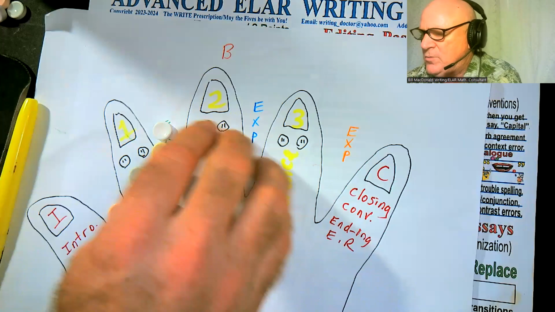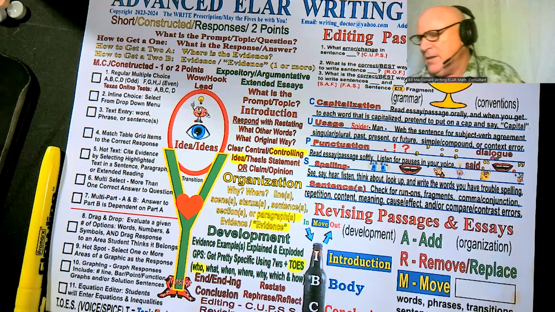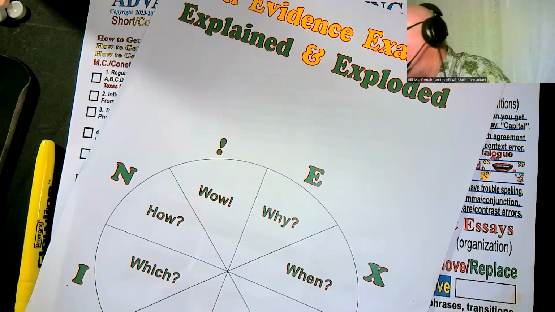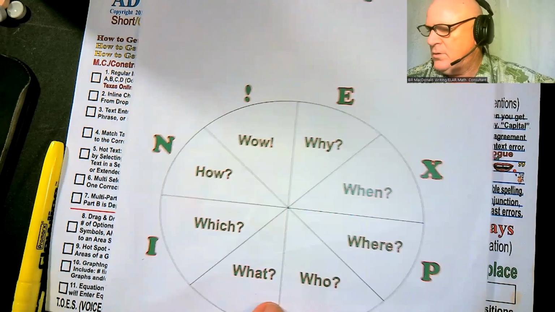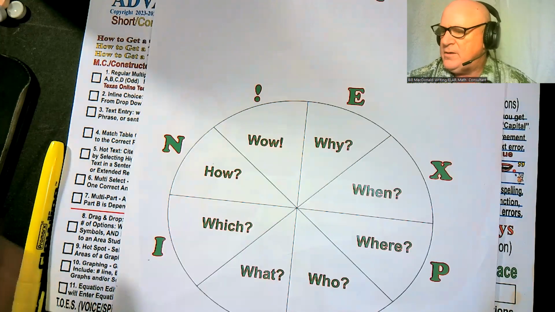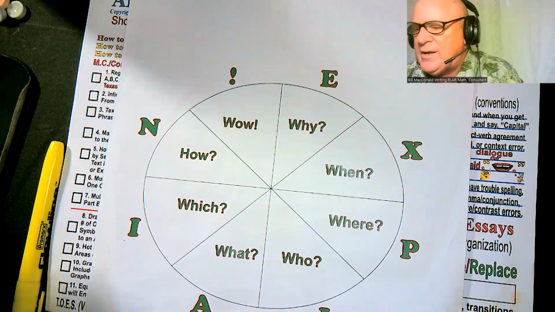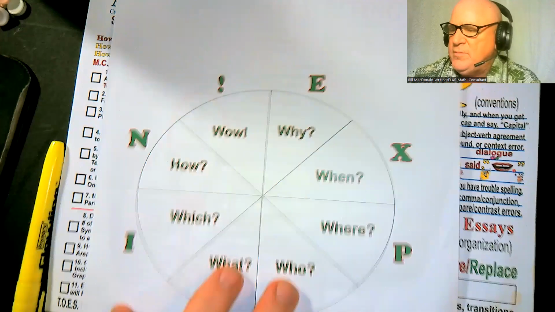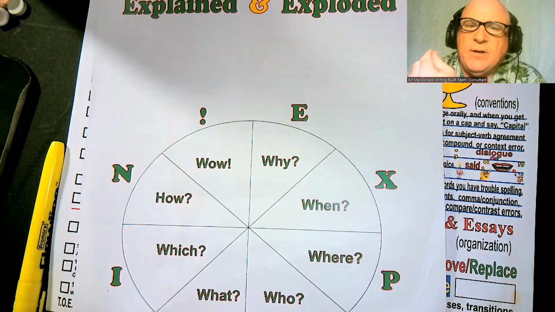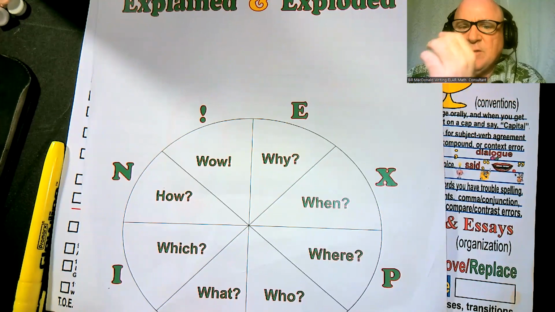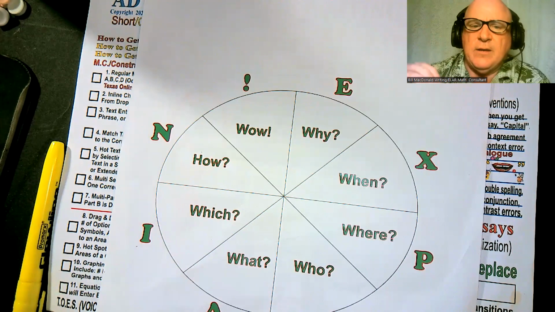So now what I'm going to do is use the EXPLAIN part to show you, using, there it is, I'm going to place the Smarties. I'm going to tell you what kind of detail we're using to make the sentences, because you explain Smarties sentences using details, little pieces of sentences to put together ideas to make complete thoughts.